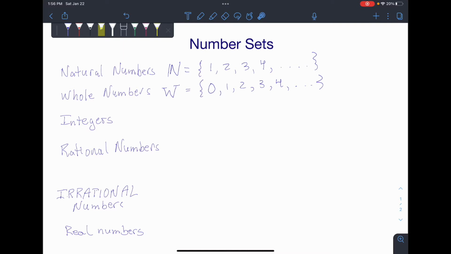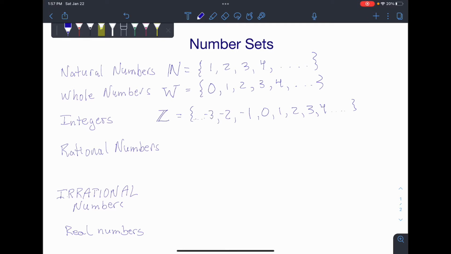Okay, the next set is called the integers, and we denote the integers with this funny looking Z. These integers consist of the whole numbers, so 0, 1, 2, 3, 4, and so on, as well as the negatives of these whole numbers.